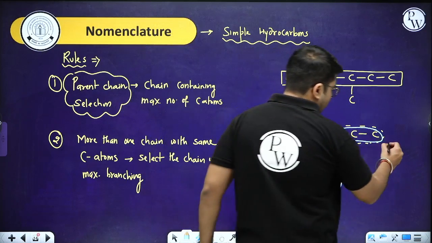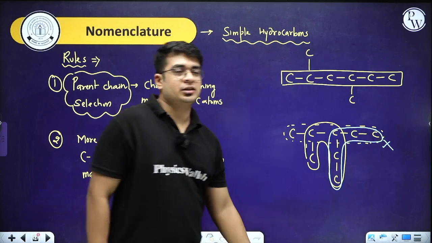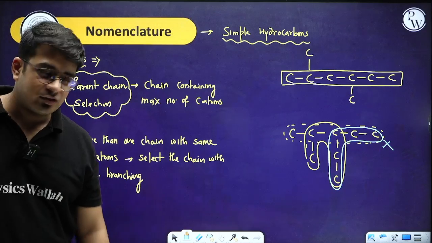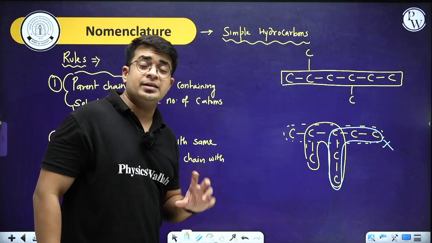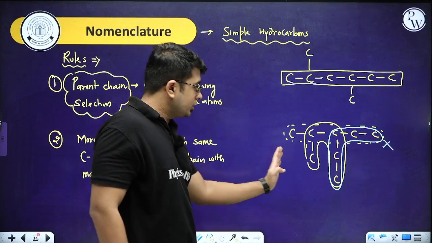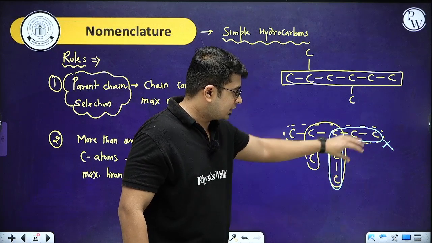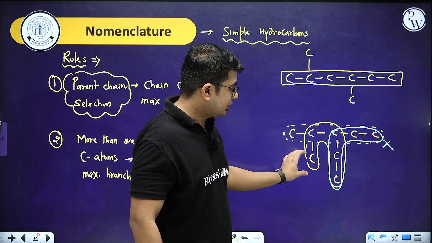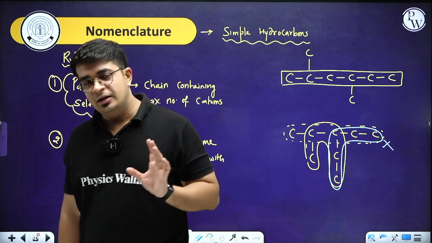So neglect those type of main chains which contain only one side atom, one branching, or less number of branching. Always use that part which contains maximum number of branching. So either you can select this part because it contains one side atom here, one side atom here, or you can select this entire part, one side atom here and one side atom here. Okay, I hope this part is clear.